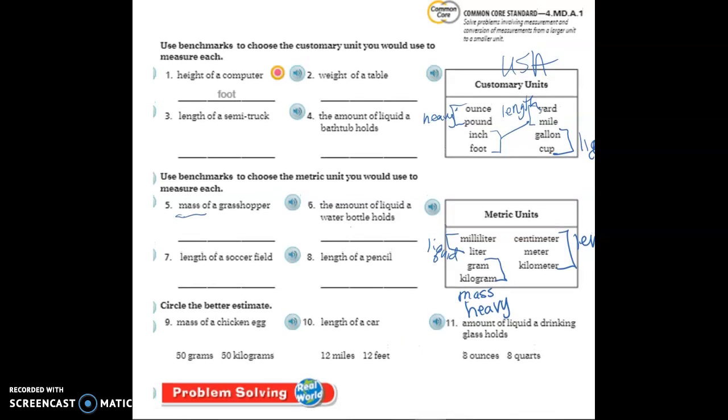I'm going to go ahead and reveal the answers. The weight of a table is in pounds. Length of the semi-truck, yard. Number 4 is gallon. How much a bathtub holds. Number 5, grams for a grasshopper. Oh, geez.